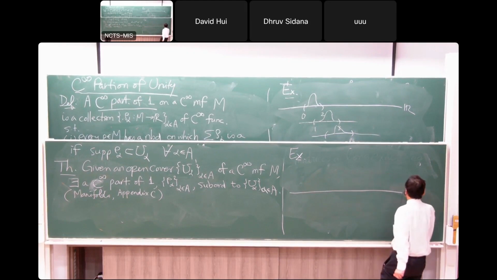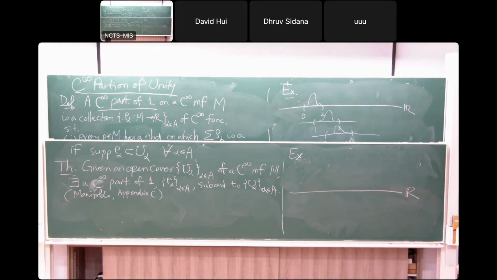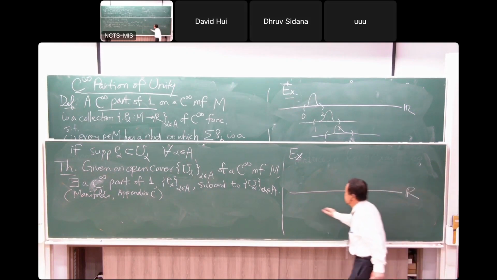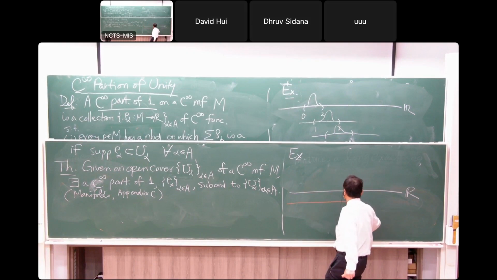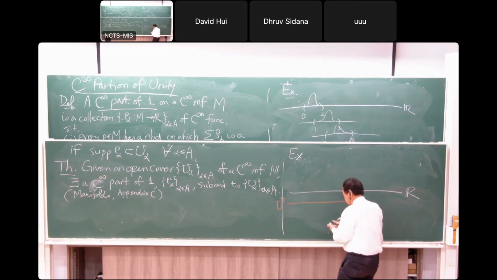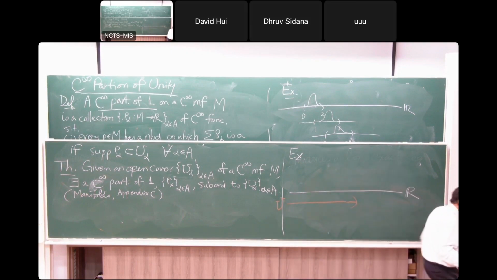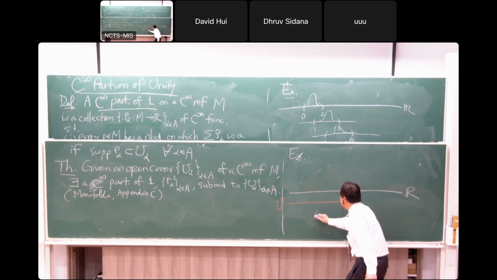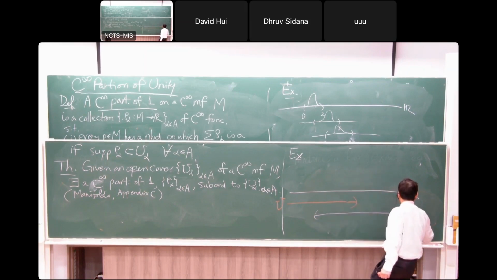Okay, so let's say that's the real line. And this is U. Okay. And then this is V.